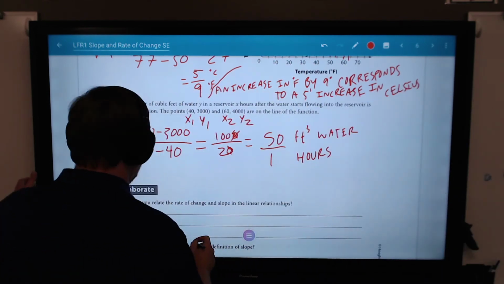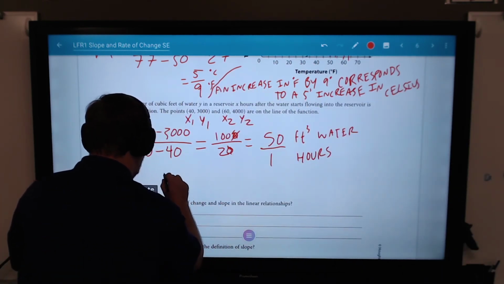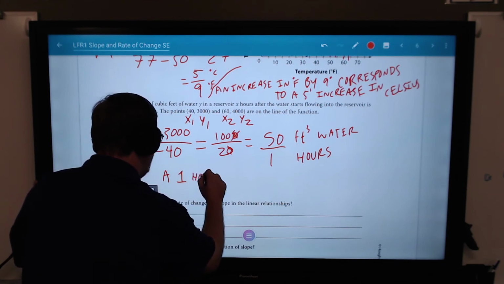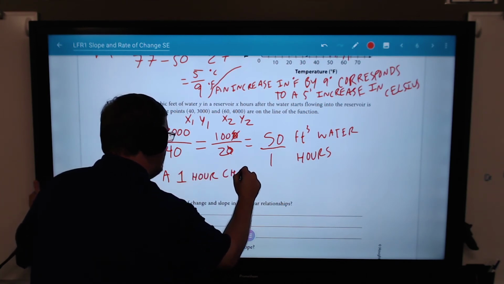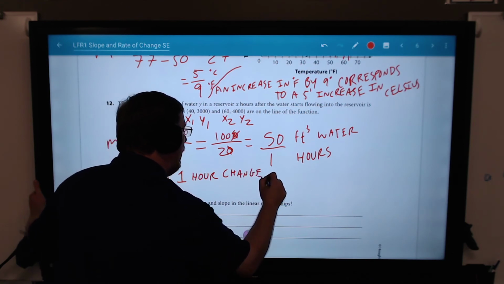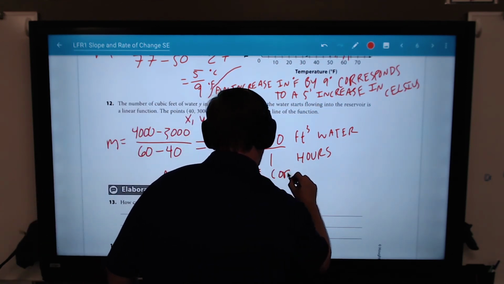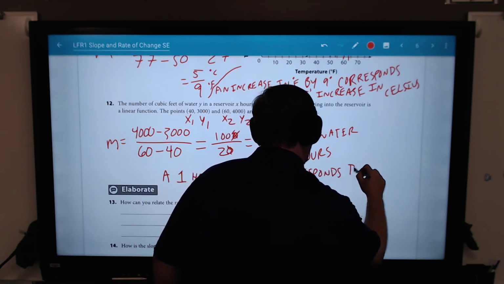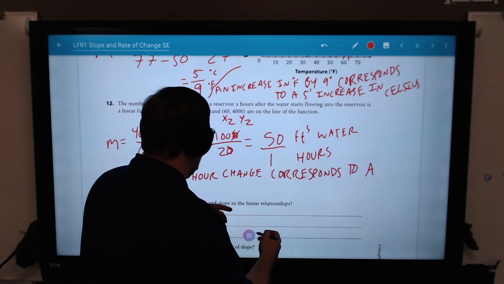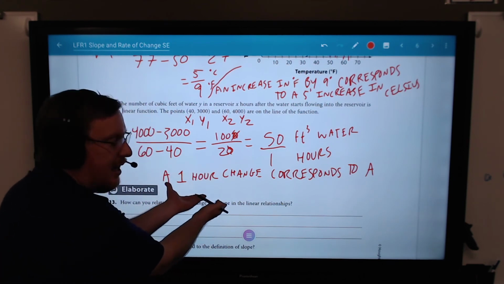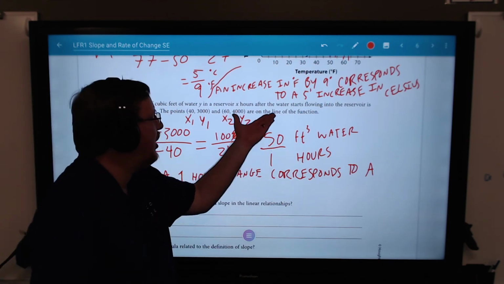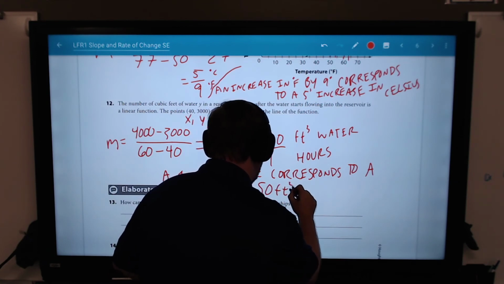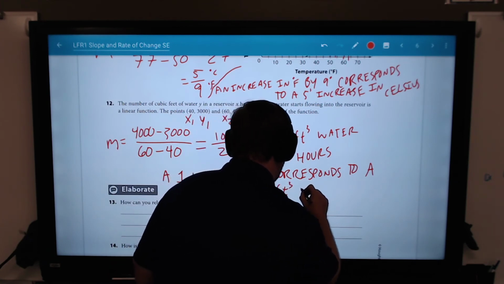So let's write that out. A 1 hour change corresponds to, again, a change in x corresponds to what change in y? So a 50 cubic foot change in water, an increase in water.